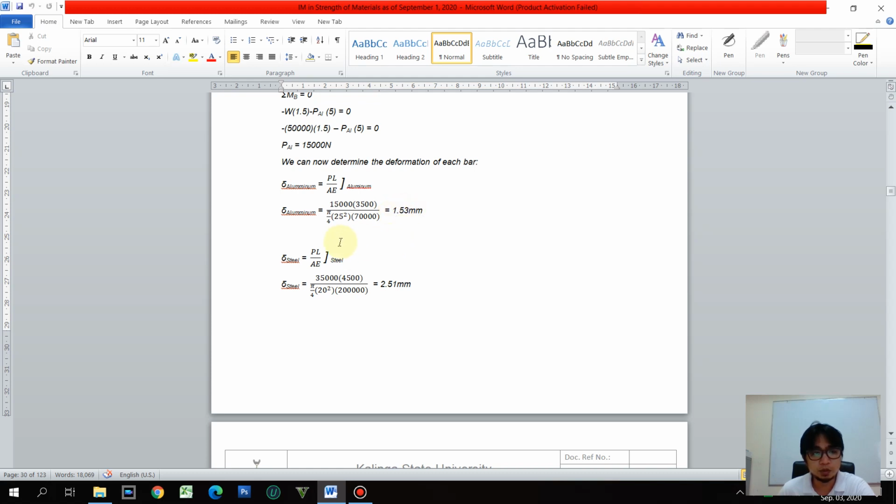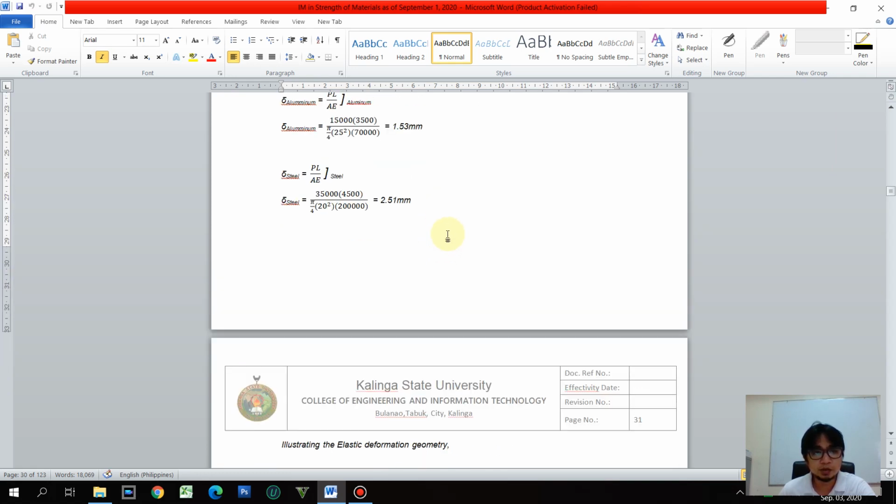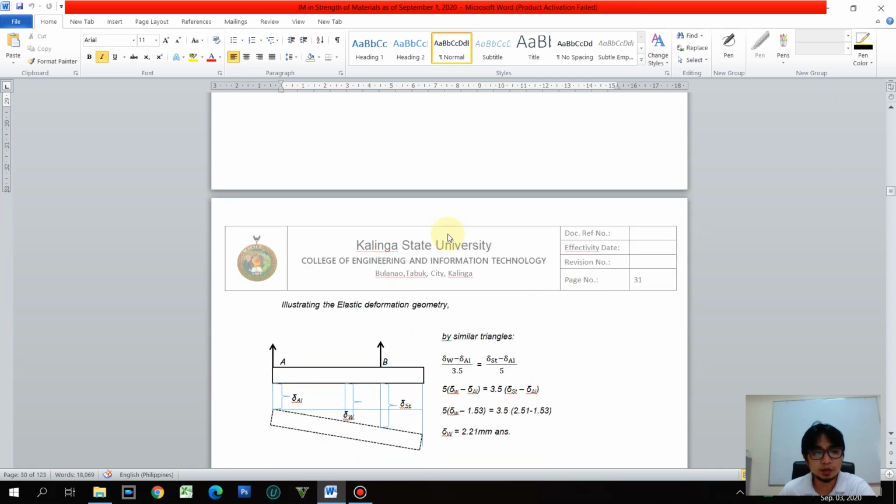Similarly, we do that for the steel. Therefore, we have here 2.51 millimeter for the deformation of steel. As we can see, we have a greater deformation for steel compared to the delta of aluminum. So we can illustrate that in our figure.